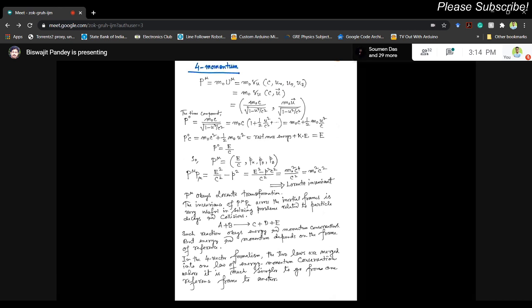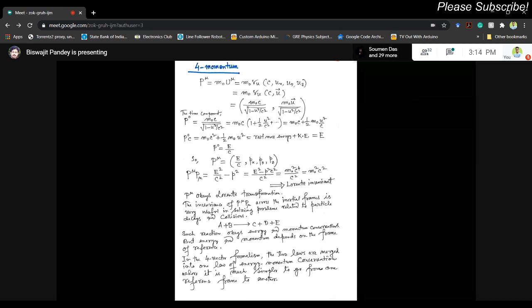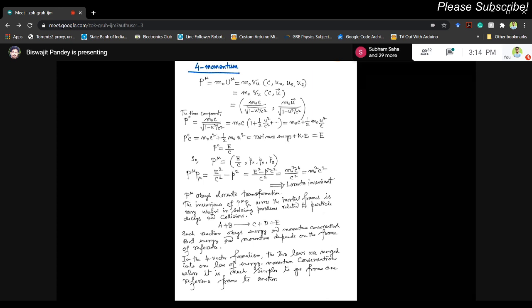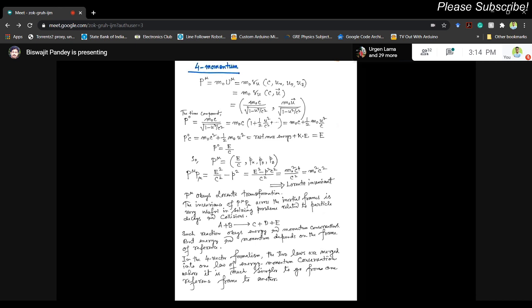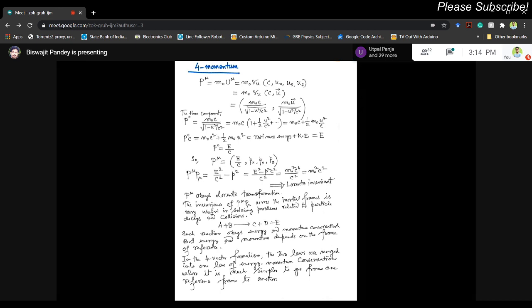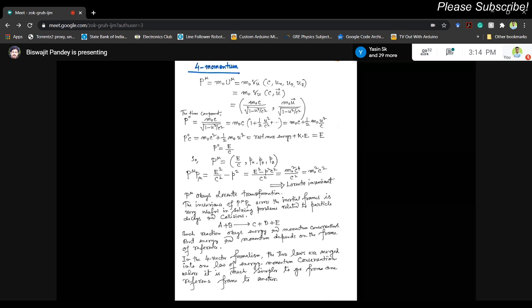If we go from one inertial frame to another, we can easily relate the components. So the 4 momentum is simply obtained by multiplying by a scalar m0, the rest mass of the particle. So m0 times u mu, and you know the mass is something which is not constant in relativity. If you gradually increase the speed of a particle, its mass increases, and when v tends to c, it can go up to infinity.